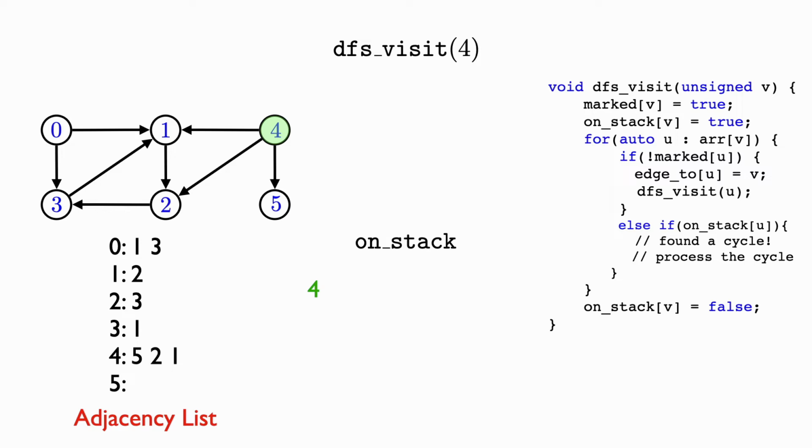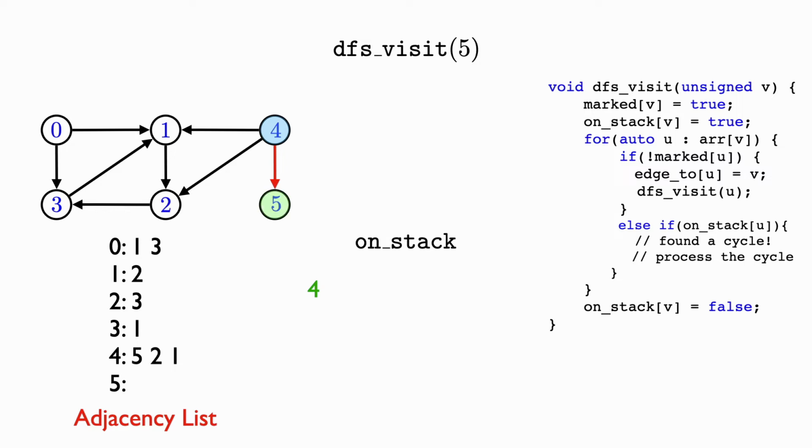The first entry in the adjacency list of 4 is vertex 5, and vertex 5 is not marked, so we're going to visit vertex 5 from vertex 4, and we indicate this in the edge2 relationship. So I've indicated that with this red arrow here. That indicates that we visited vertex 5 from vertex 4. So now we call DFS visit on vertex 5.